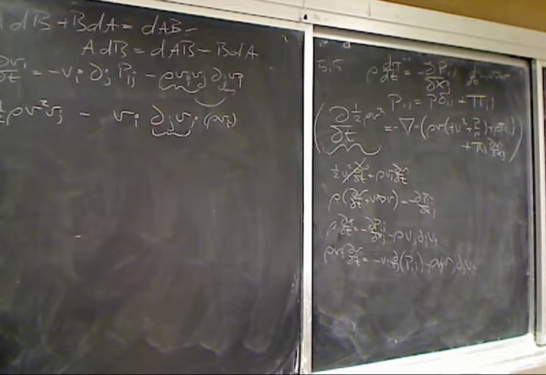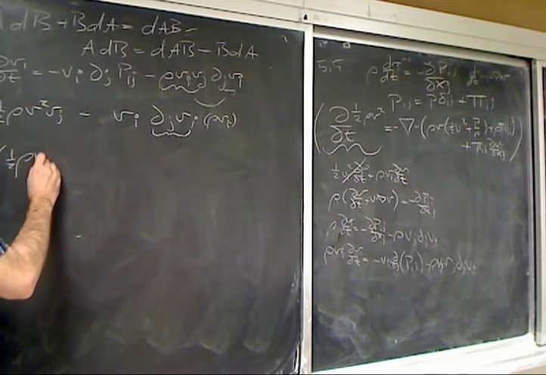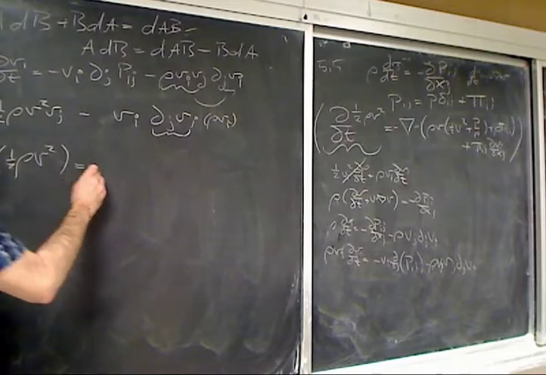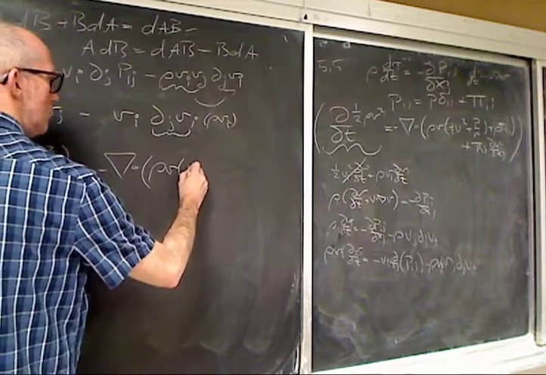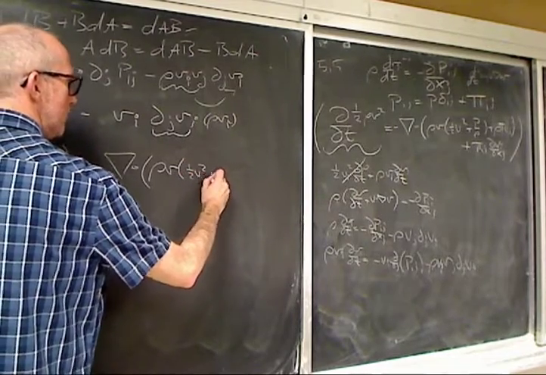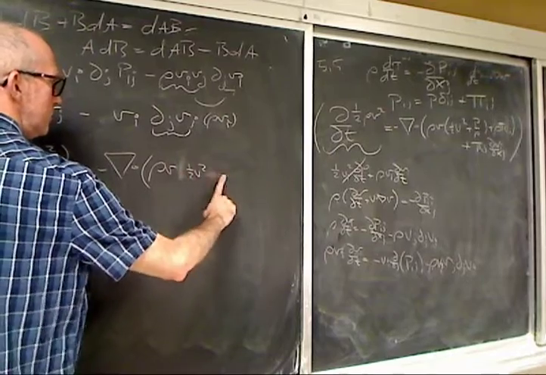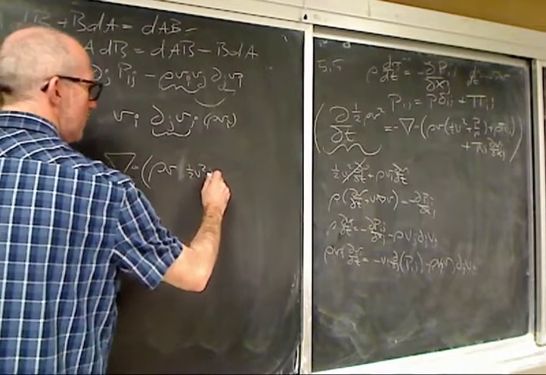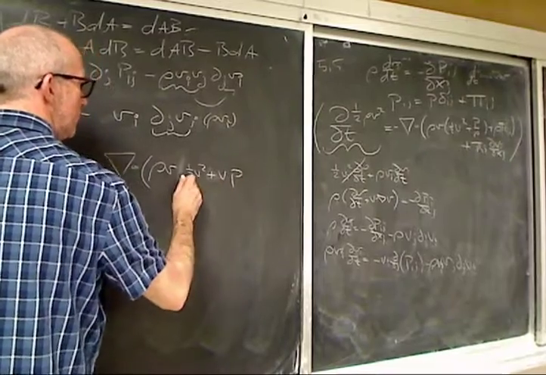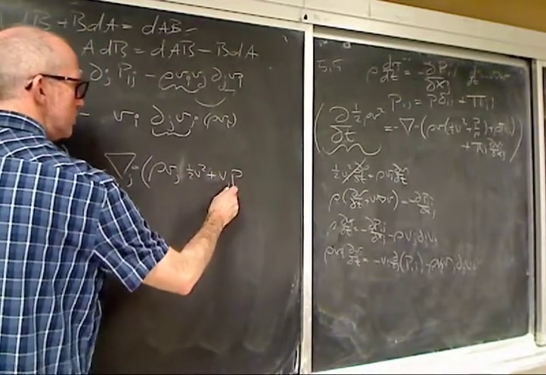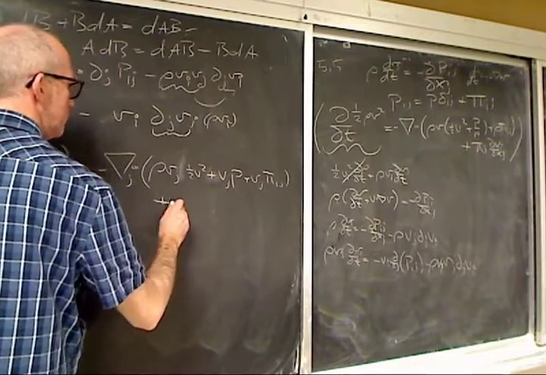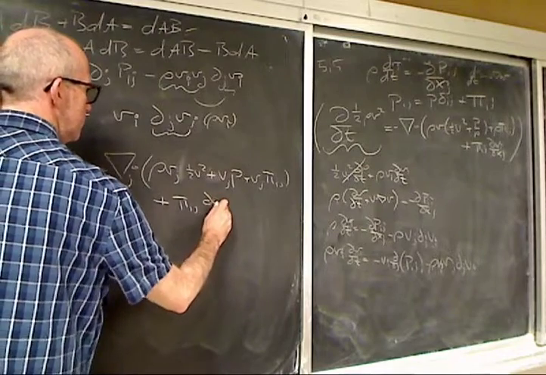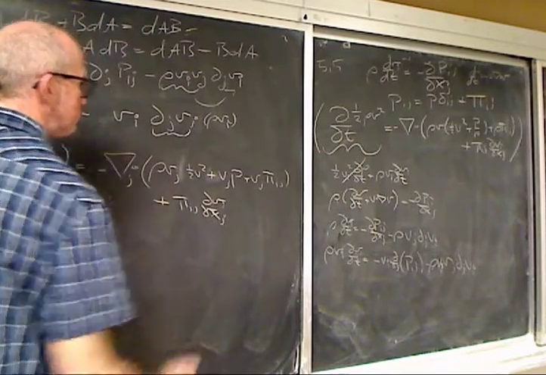So then we're left with just ∂/∂t of 1/2 ρ v squared, that's what we started with, is equal to minus div of ρ v times 1/2 v squared plus v times p. I'm just going to write it out the way I like to write it. Now this needs a j, this needs a j, this needs a j, plus vj πij, plus πij ∂vi/∂xj.